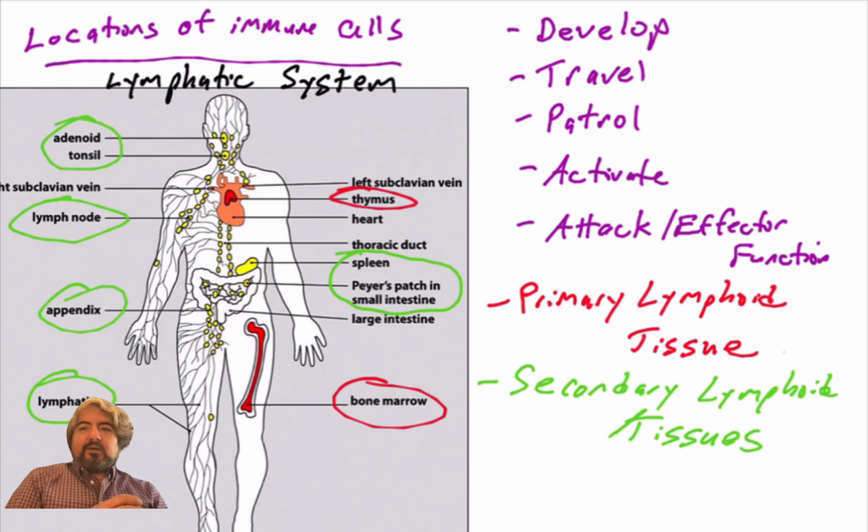There are also lymphoid tissues that are present right underneath many of our tubes. Remember, the human body is basically made up of a bunch of tubes.